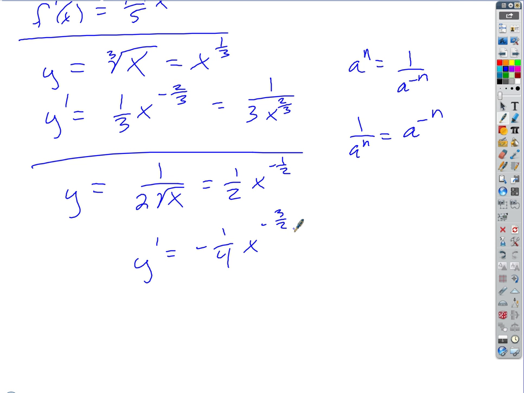Okay. What about this one? What did we say about differentiating a sum of terms?